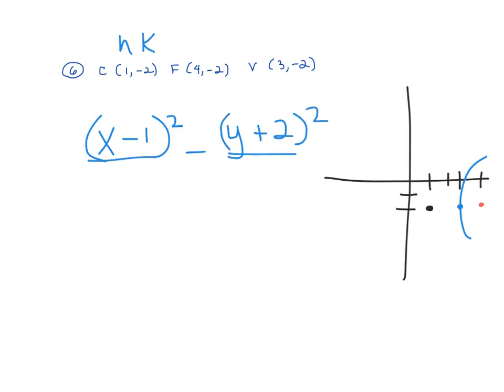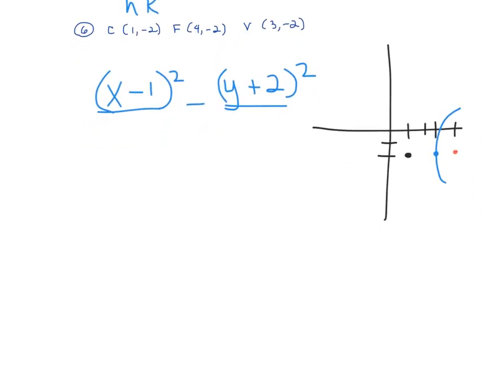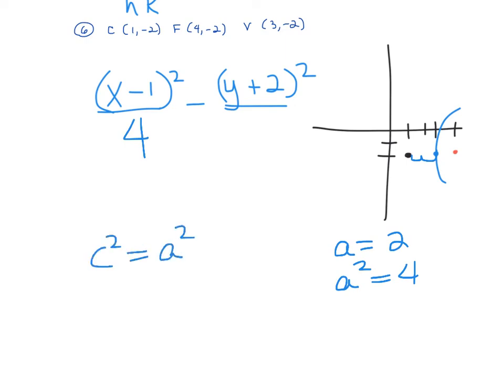And now I have to figure out what a squared and b squared are. Now I can already count my spaces away. So I can see that from black to blue, there's 2 spaces. So my a value is 2. So a squared is 4. And then I can also count to find my c, and then I'm going to use this formula.